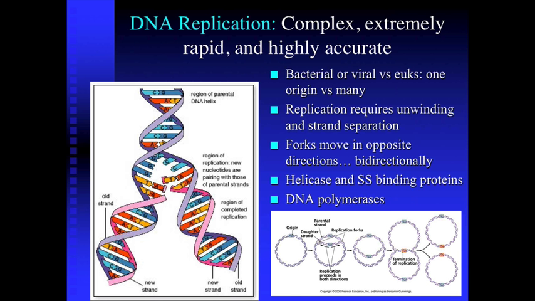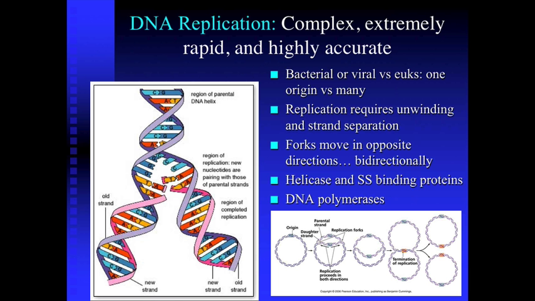And so if I now show you this, I am copying from the origin in two directions. I'm replicating bidirectionally, all right. Eventually, I'm going to end up with that, right? And eventually the two will separate completely, right? We'll end up with our two pieces of DNA, right?